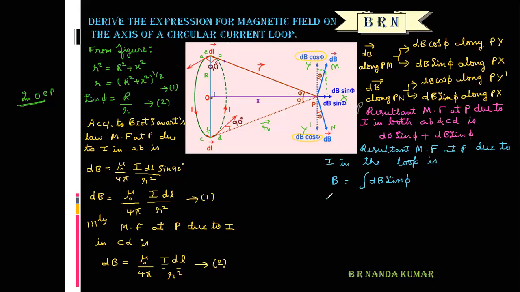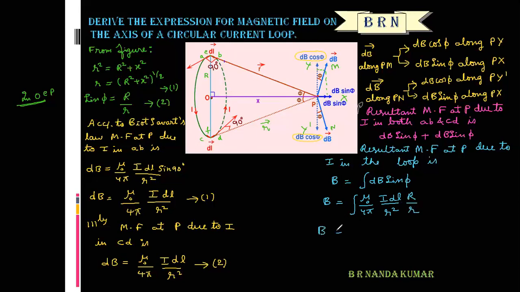So B is equal to integration of dB, which is mu naught divided by 4 pi I dl divided by r square. What is the value of sin phi? Sin phi is capital R divided by small r.